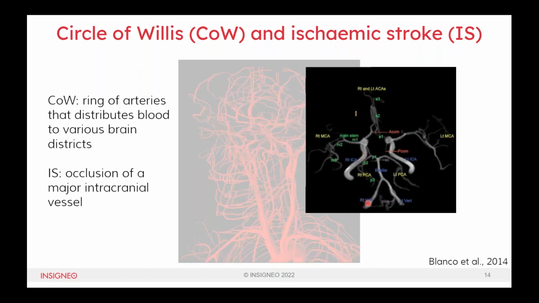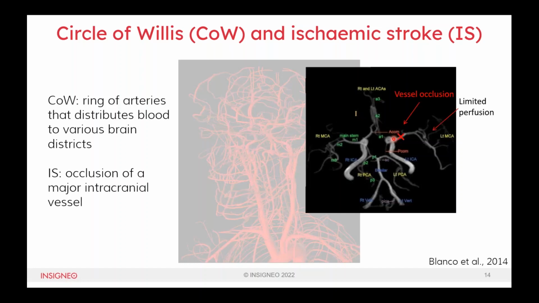So what happens is that you have blood coming from these two vessels, and then the blood gets to this point here, which is the circle of Willis, and gets redistributed along these directions.